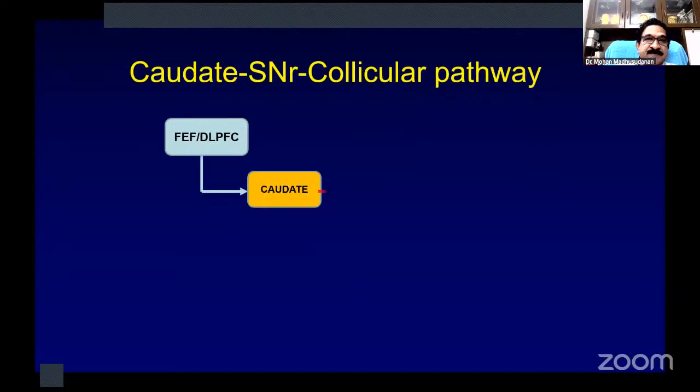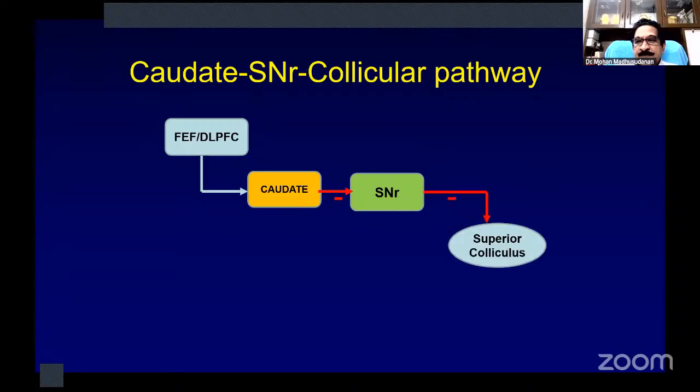The caudate nucleus inhibits the SNR, that is, the substantia nigra reticulata. The SNR in turn inhibits the superior colliculus. The superior colliculus is the pathway which stimulates the PPRF. So the basal ganglia acts not directly through the frontal mesencephalic pathway to the PPRF, but indirectly through the superior colliculus.